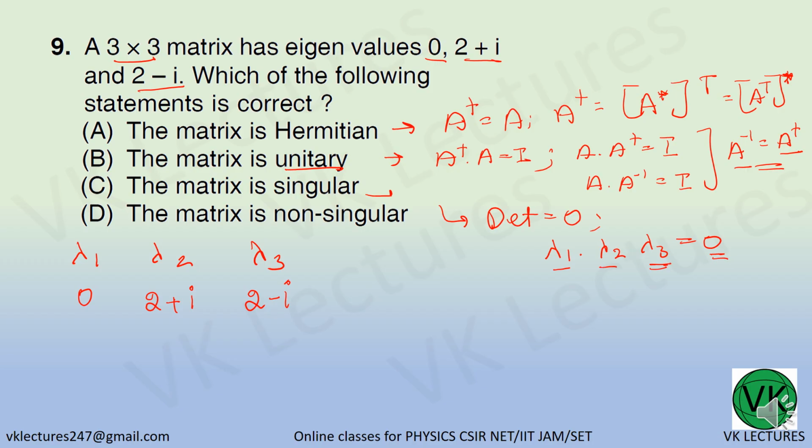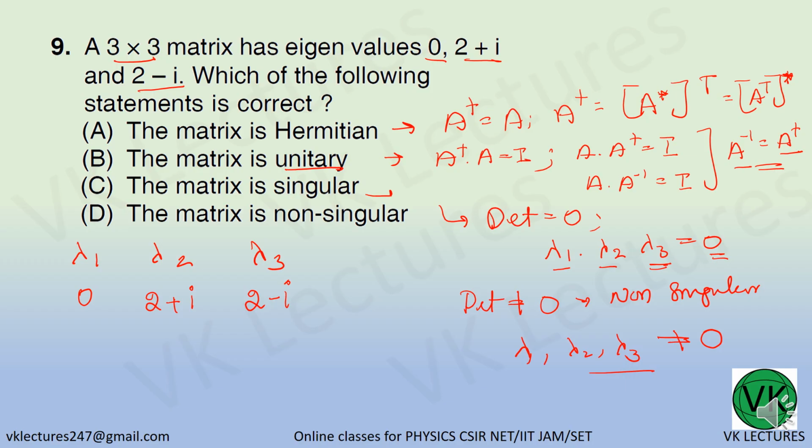Now determinant not equal to 0 is called non-singular. Non-singular means lambda 1, lambda 2, lambda 3 should not be equal to 0. None of the eigenvalues should be equal to 0. It should not be 0.